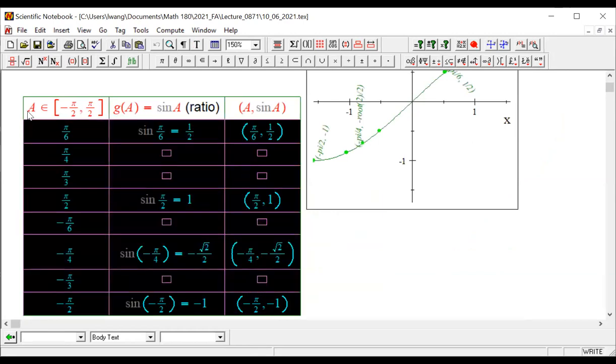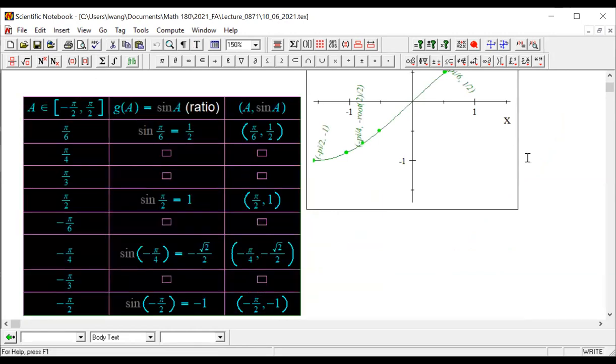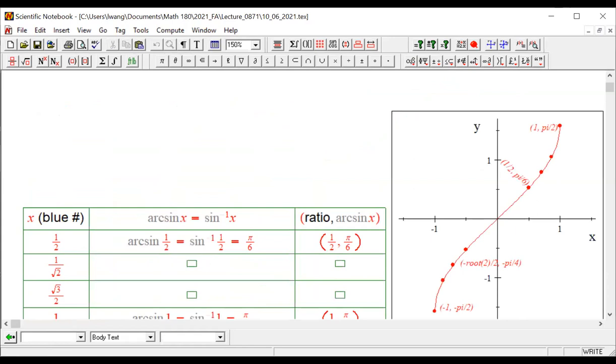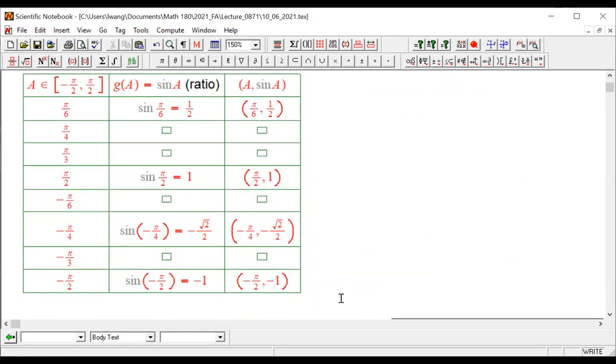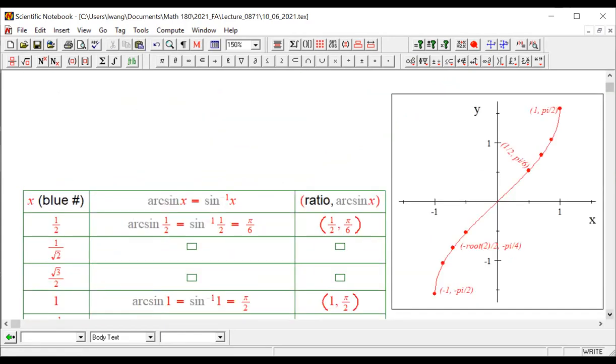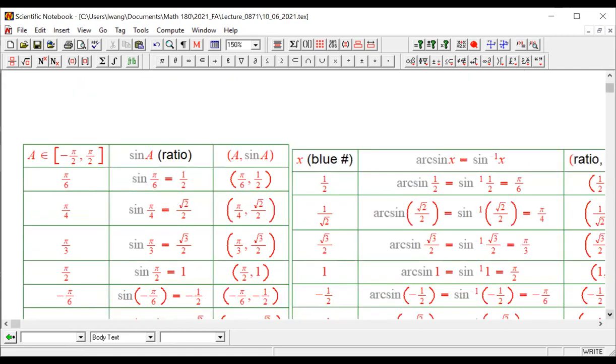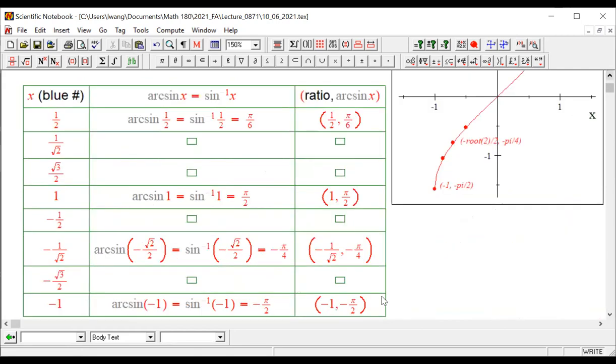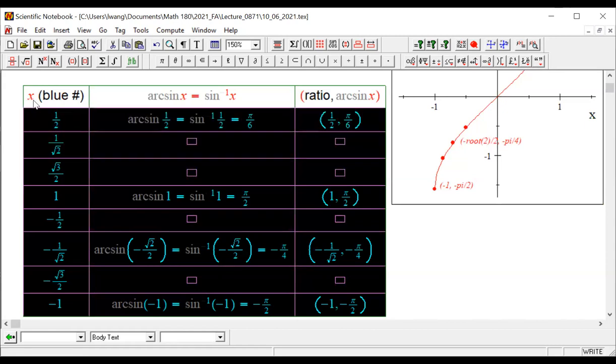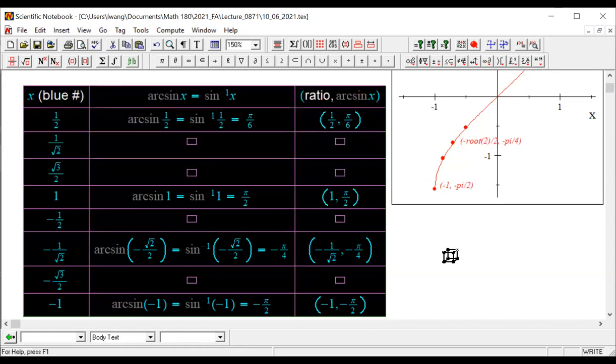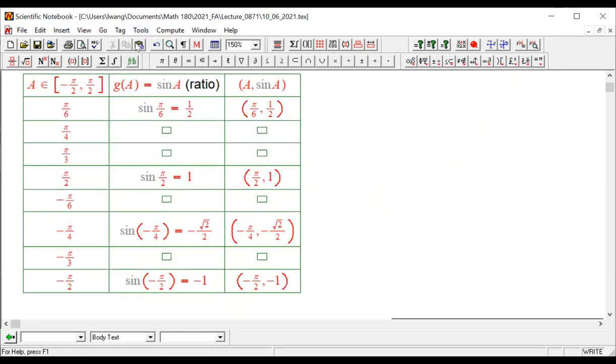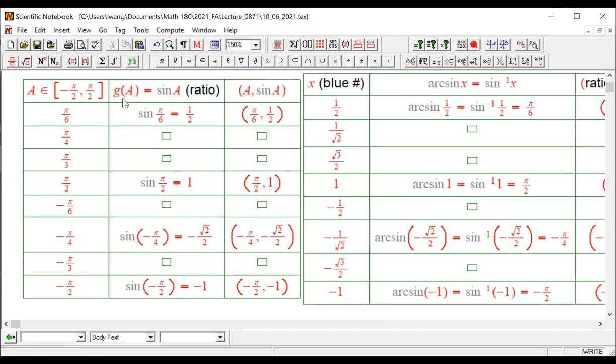This is the table, and this is the other table. I put these tables next to each other. One is for the G and the other one is for the G inverse, with domain and range specified.